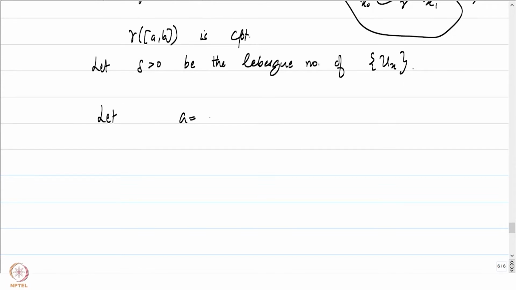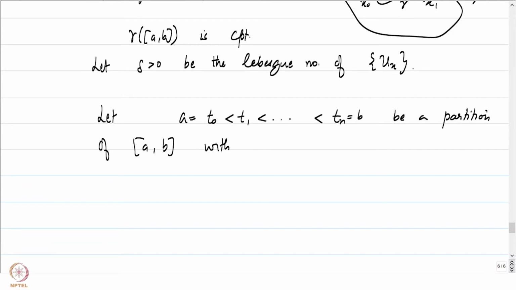So let a equal to t0 less than t1 less than ... less than tn equal to b be a partition of [a,b] with partition size less than delta by 2.